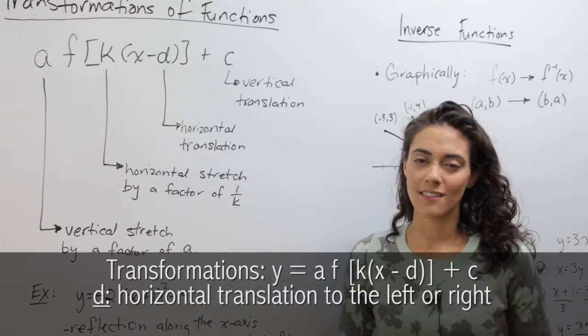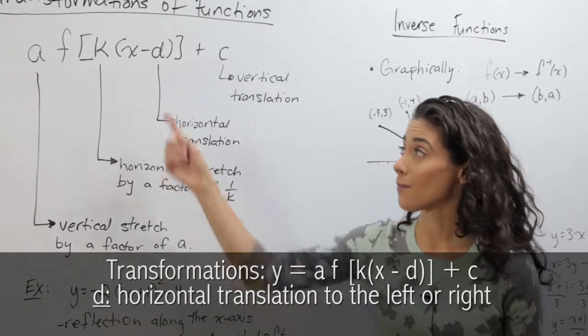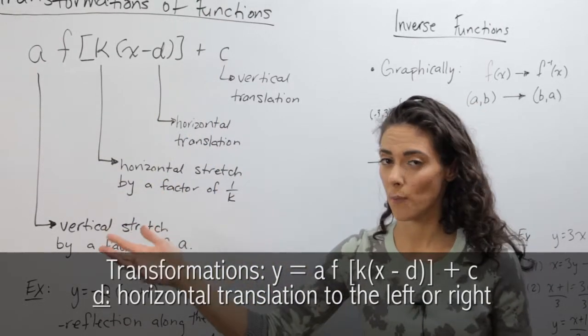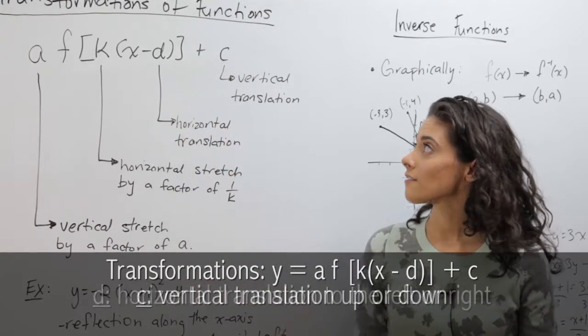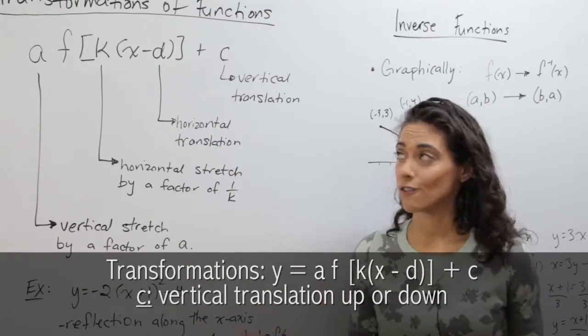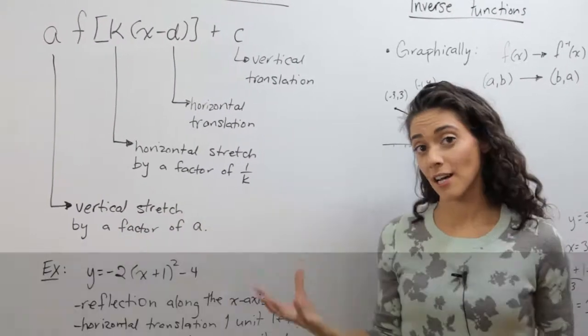A d value inside the brackets with your x will result in a horizontal translation. Now watch out, a minus sign in there is to the right and a plus sign in there is to the left, the opposite of what we expect. And lastly, our c value is a vertical translation up and down. That one does exactly what you expect it to do. A positive value results in an upward shift, and a negative value results in a downward shift.